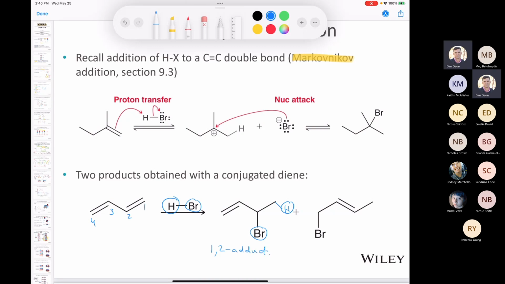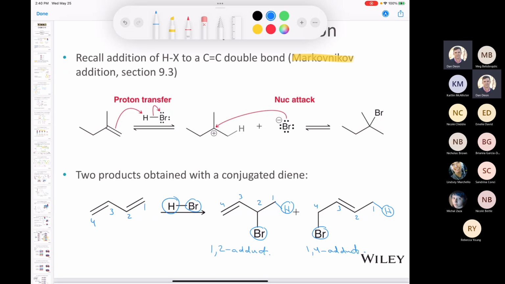Whereas in the other one, we added a hydrogen here, and then we added the bromine over here. So if you number these 1, 2, 3, 4, we call this the 1,4 adduct. So the 1,2 adduct and the 1,4 adduct.